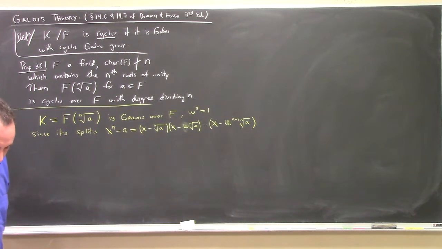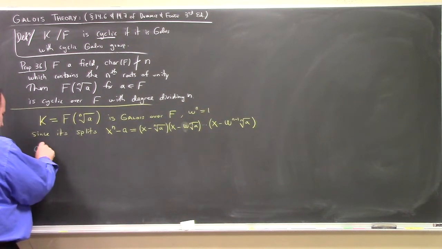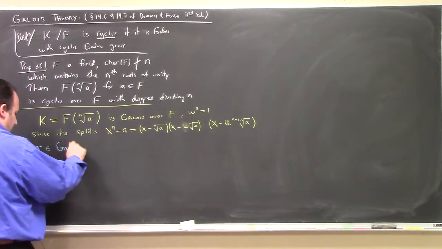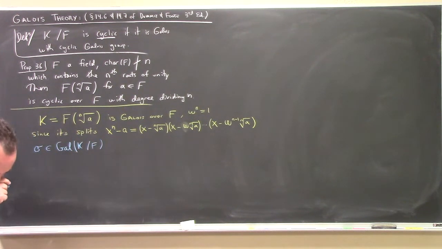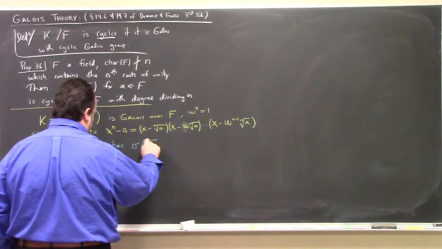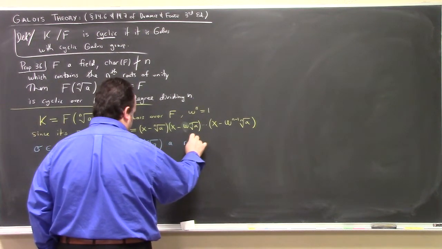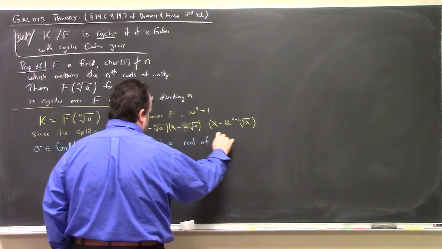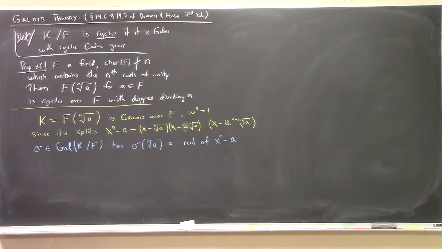He says for any sigma in the Galois group of K over F, sigma of the nth root of A is another root of this polynomial, because we know that the automorphisms permute the roots.